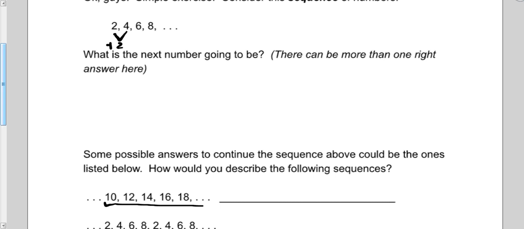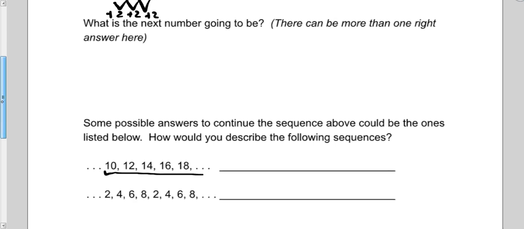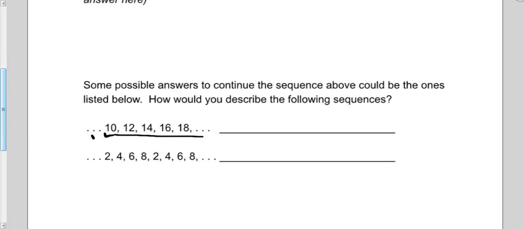Can I do the same thing to get to 6? Oh yeah, because 4 plus 2 is 6, and then 6 plus 2 is 8. How do I get 10 from 8? I take 8 and add 2 to it. And to get to 12, I add 2 to it.